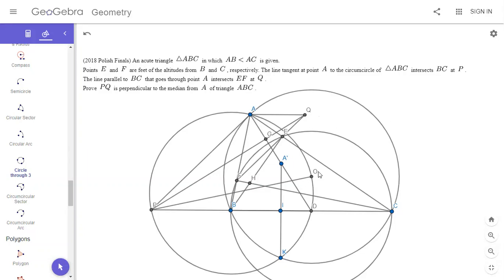Yeah, so we'd want to show angle OPD is equal to angle PQF.